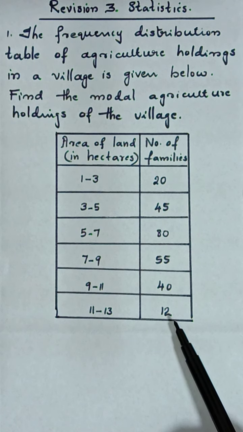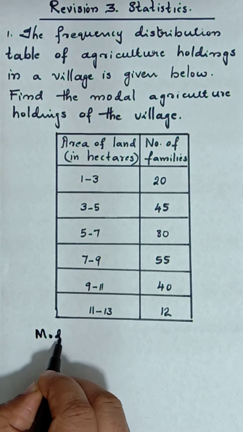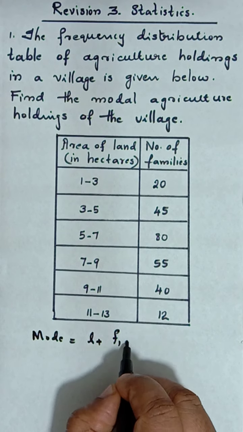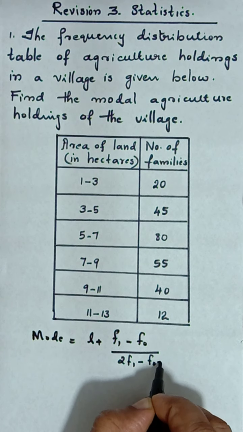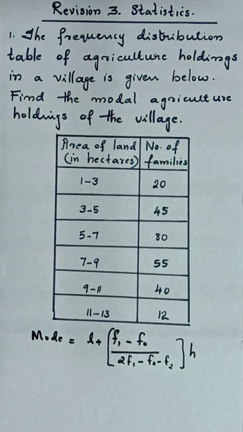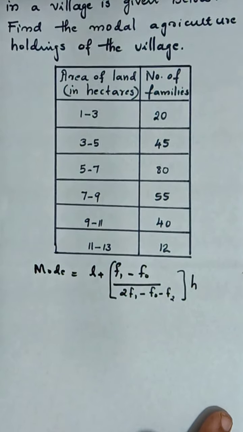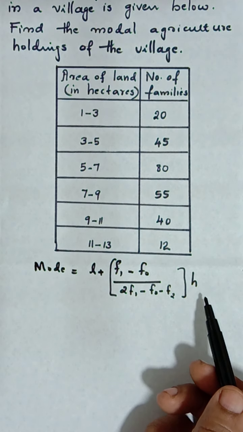How do we find out mode? So here we have to check the formula. Everybody knows the formula. Mode is equal to L plus (F1 minus F0) by (2 F1 minus F0 minus F2) into H. So let us see what F1, F2, F0 etc. are, and the lower limit as well as the class size.